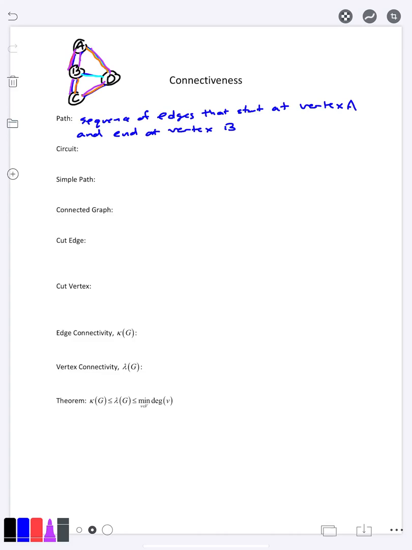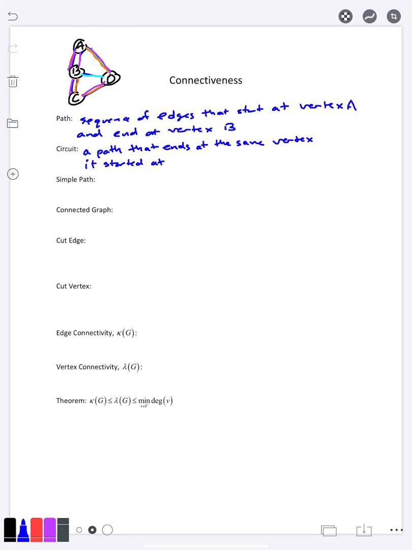As long as the edges have you start at the node you're talking about and end at the final node you're talking about, that would be a path from vertex A to vertex B. On the other hand, a circuit is a path that ends at the same vertex it started at. So if I want to go from A, go around a bunch, and then get back to A, that would be a circuit rather than just a path.